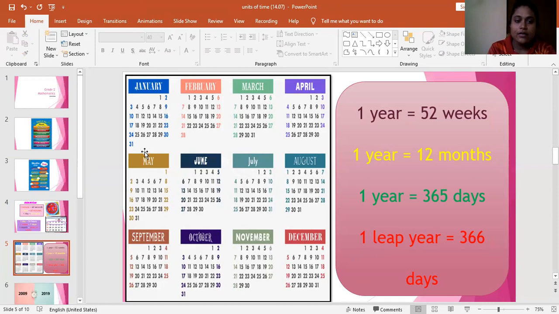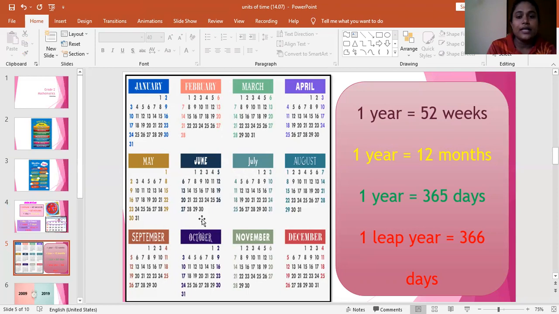See, the month of January has 31 days. The month of February has only 28. Here 31, 30, 31, 30. All the time it goes like 31 and 30, but only February has 28 or 29. All the other months have 30 or 31 days.